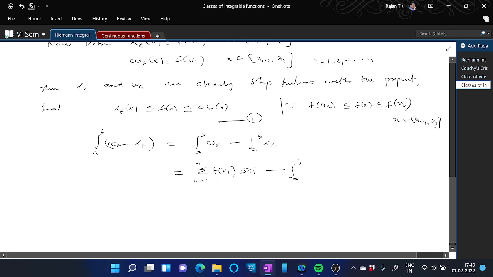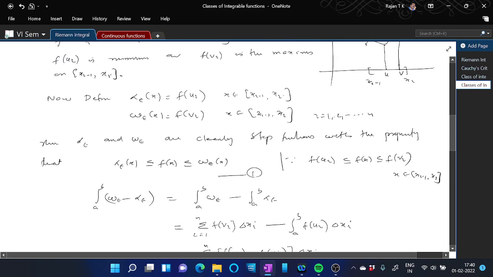Similarly, for alpha_epsilon it is f(u_i) delta x_i. So this is equal to the sum over i equal to 1 to n of (f(v_i) minus f(u_i)) times delta x_i.